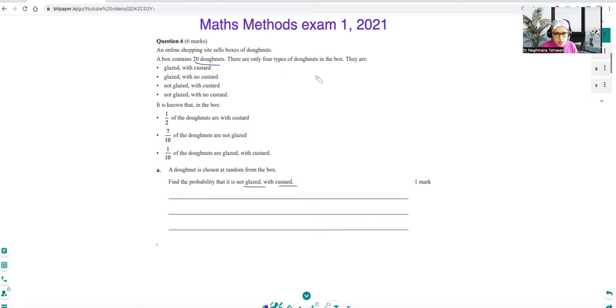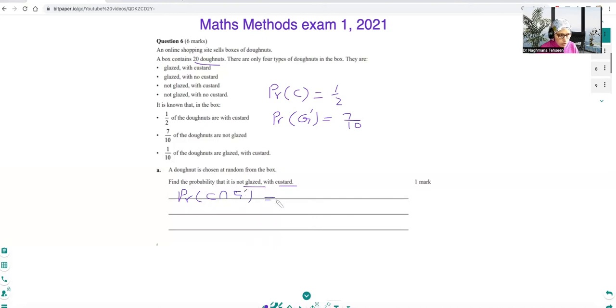So the probability of C, where C is for custard, is a half, and the probability of not glazed, using G for glazed, is 7 out of 10. The probability that donuts are glazed with custard is 1/10. So we want to find the probability of custard and not glazed.